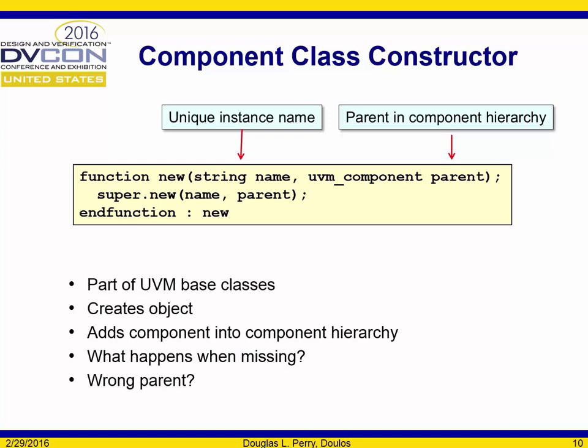Now, the other thing that this super.new does is that it's there basically to add this component, whatever we're building. Let's say we're building a monitor. We're building the monitor from an agent. What the parent link will be pointing to is the agent that's building this monitor.